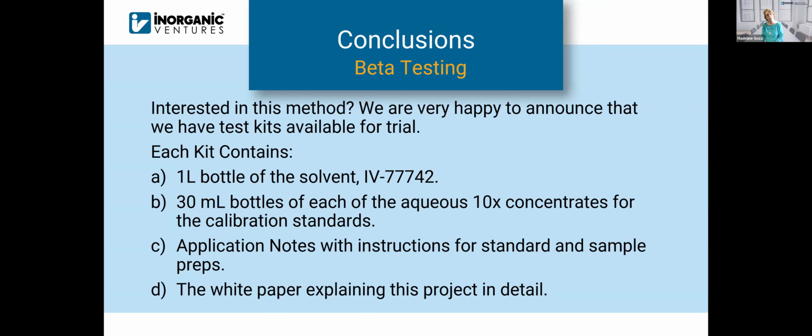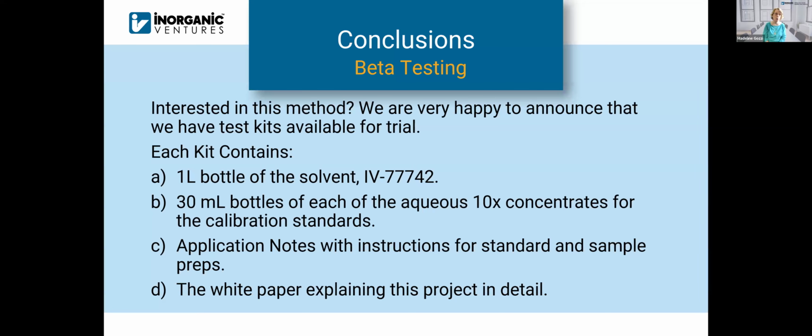So at this point, I want to mention that that's the information we have for you for now. We hope that you might be interested in learning more about our method and trying out our materials. So we have test kits that are available to laboratories. Each kit contains a liter bottle of IV-77742, which contains the cobalt and yttrium internal standards.